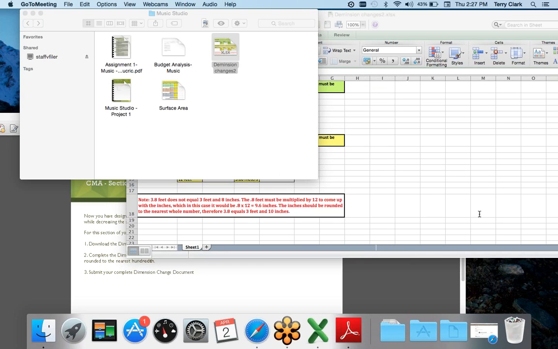Let me do it here in the box. Let's say I have 200 feet and I want to increase it by 33%. I'm going to go 1.33 like that. Notice the 1 stands for the 100% that the 200 feet already is, and the .33 is the 33% that it's going to be increased by.